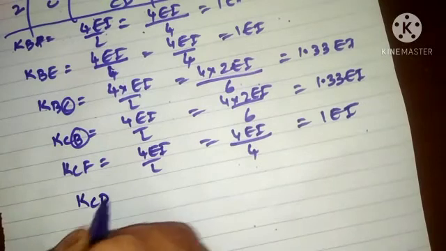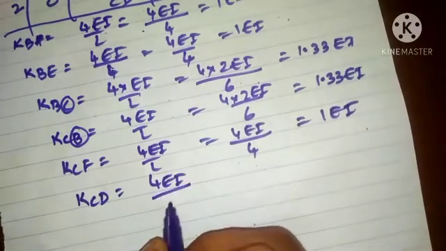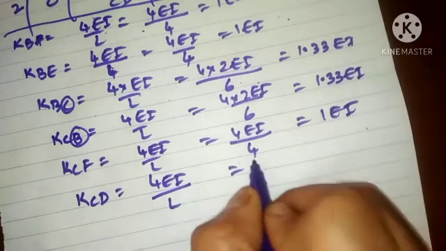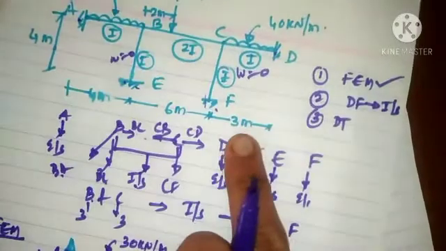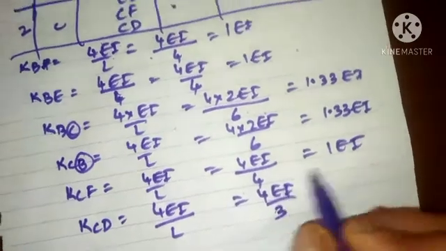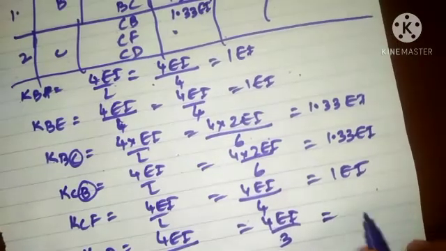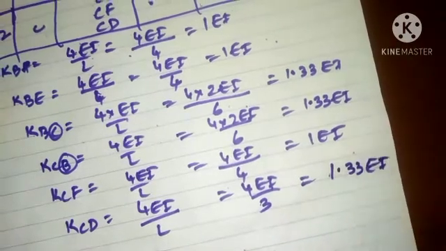Next is KCD, which is 4 EI divided by 3, because the length of the member CD is 3 meter. So that will be 4 EI divided by 3, which comes as 1.33 EI.